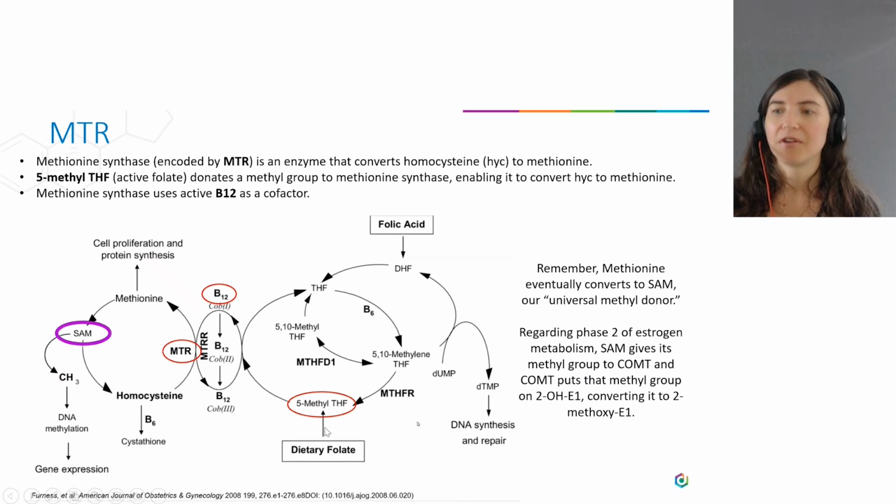But the folate, so this active folate here, it donates the methyl group to methionine synthase so that methionine synthase can methylate homocysteine and turn it into methionine. And methionine synthase, this MTR, it uses B12 as a cofactor.